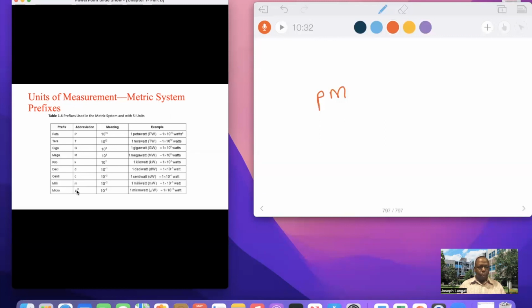Micro, we use the Greek symbol. What I want you to take from this slide is knowing the names, as well as the abbreviations and the numerical value by which the base unit is either increased or decreased.